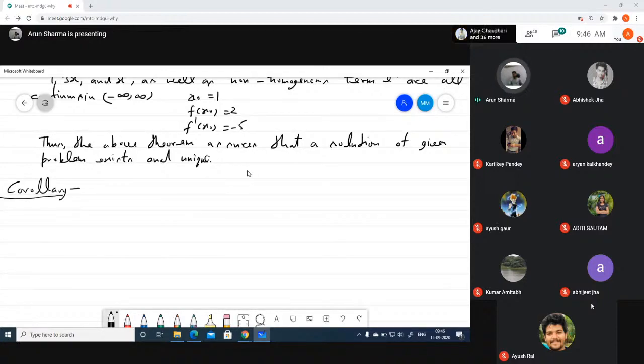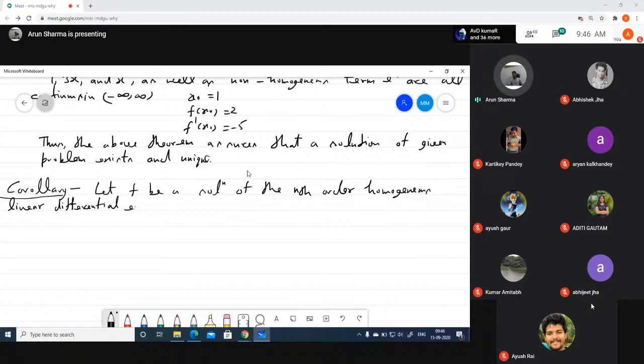Let f be a solution of the nth order homogeneous linear differential equation.